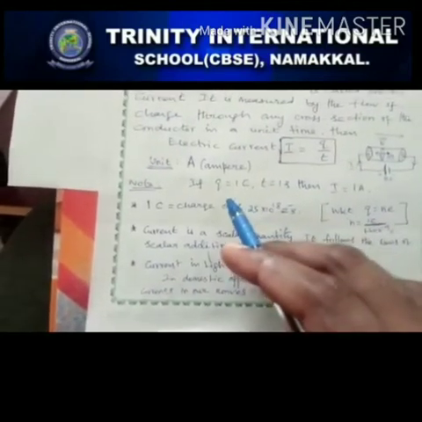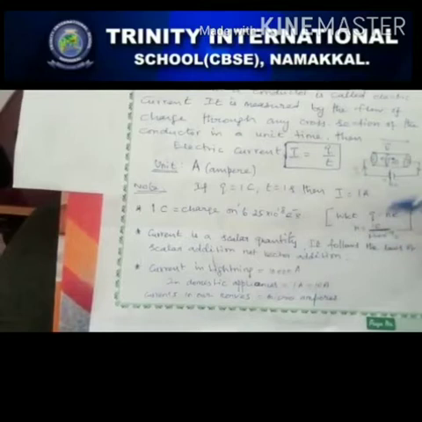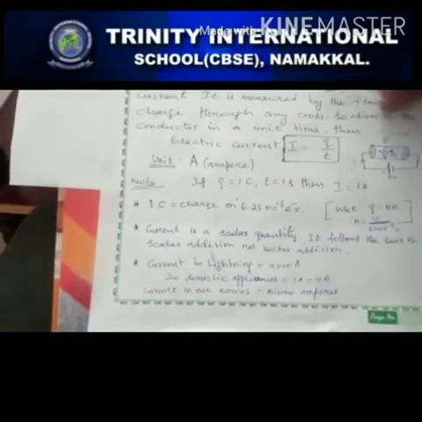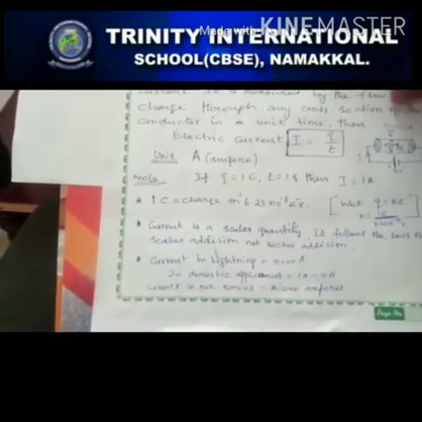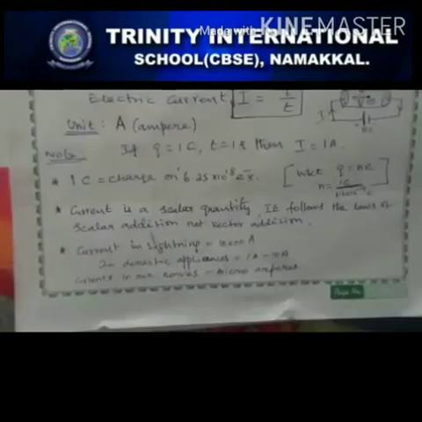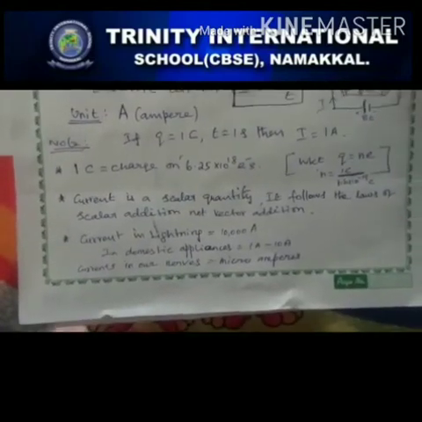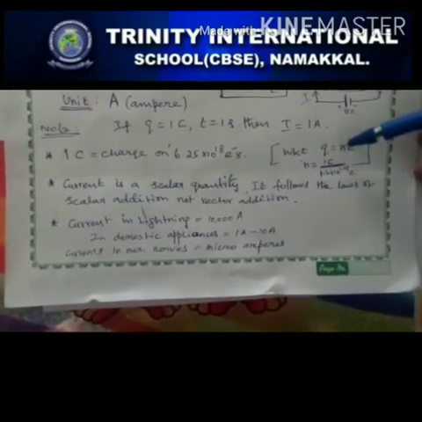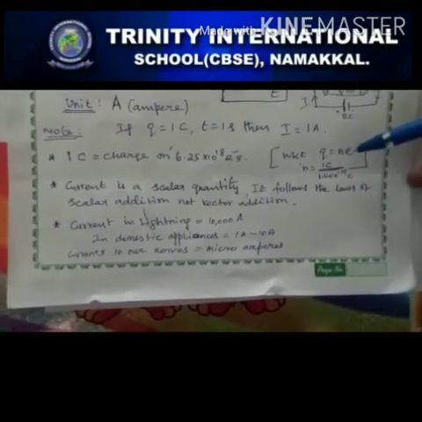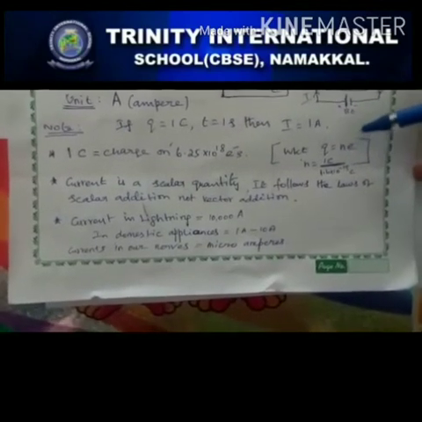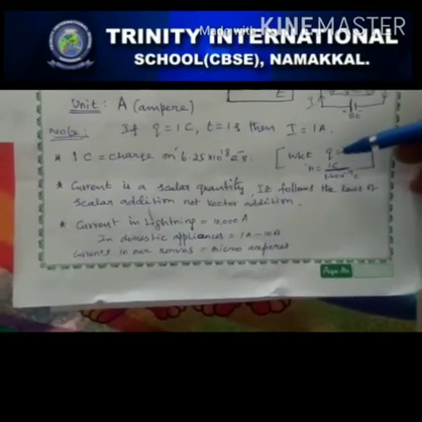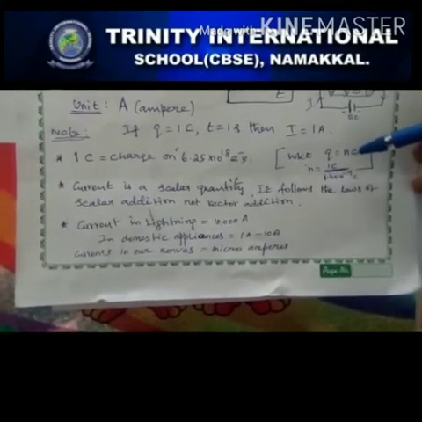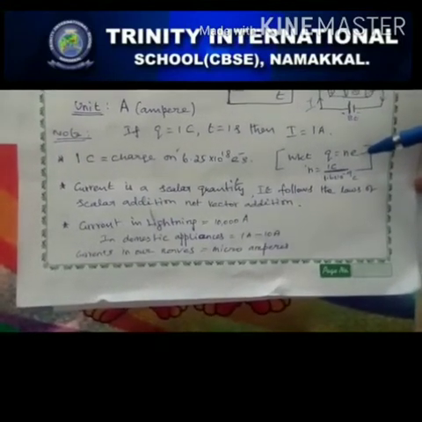So we can define the 1 ampere current. Also, what do you mean by electric current? So we can give both definitions. And we already know the formula, the charge Q is equal to Ne, and N equal to Q by e. We have seen in the first lesson, Q charge is equal to Ne, where N is the number of electrons and e is the charge of the electron.